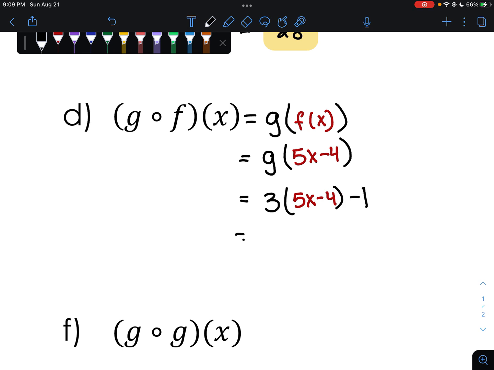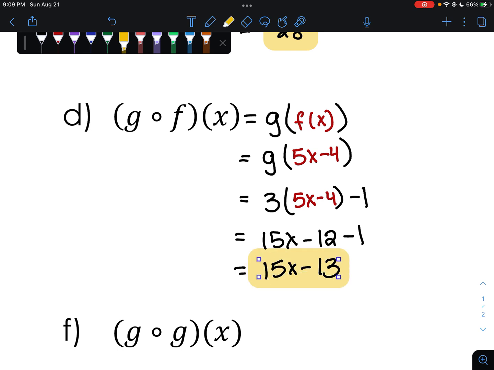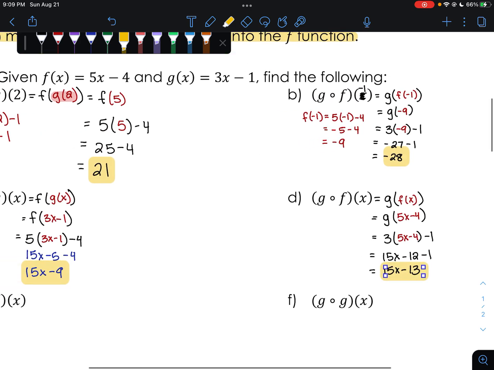We multiply: 3 times 5x is 15x, 3 times negative 4 is negative 12, minus 1. Then we combine like terms and get 15x minus 13. And that would be it for that one.